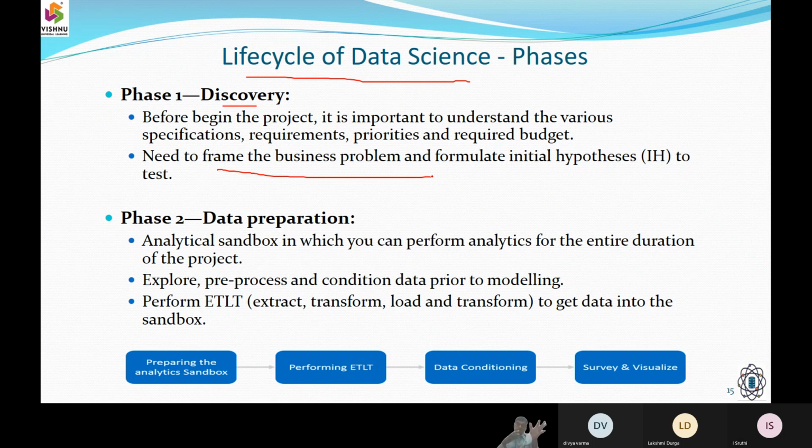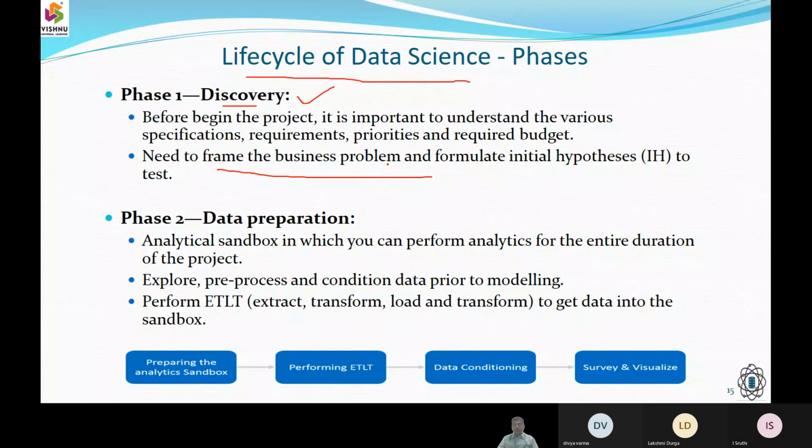Whether to take up H0 or H1, the alternate hypothesis, we move either to accept the hypothesis or to reject the null hypothesis. All that understanding we take up at the very first stage, which we call the discovery stage.